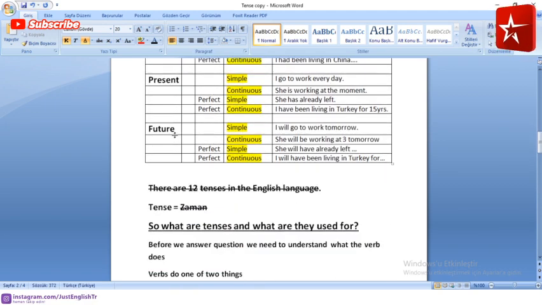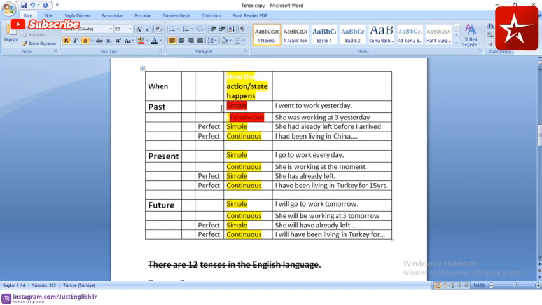So we know that this simple action, the way the action happens, is happening in the past. Here, we know that this simple action, which is the same action, we'll see an example very shortly, is happening in the present, because we have present simple. Here, again, we know that the action is simple. And here we see that the action is simple, but it's a simple action in the future.